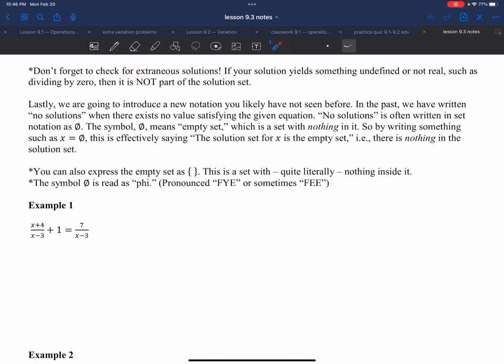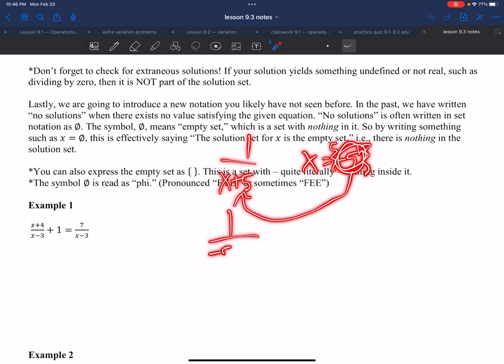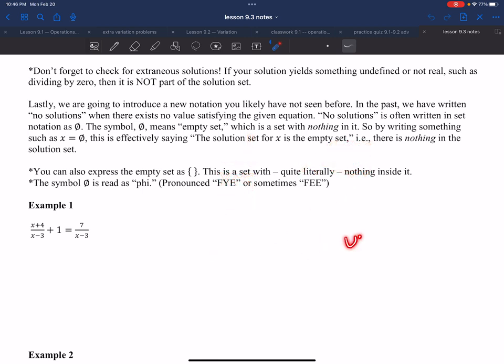Because we're dealing with rational functions, like 1 over x plus 5, if I got x equals negative 5 as part of my solution set, well, if you put negative 5 back into the original, that's negative 5 plus 5, that's division by 0, which is undefined, right? And so if I get an undefined value like that, well, that's not part of a solution set, right? That's wrong. It doesn't solve the equation. It's not true. So be careful.